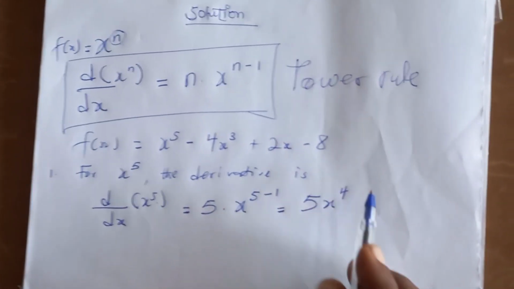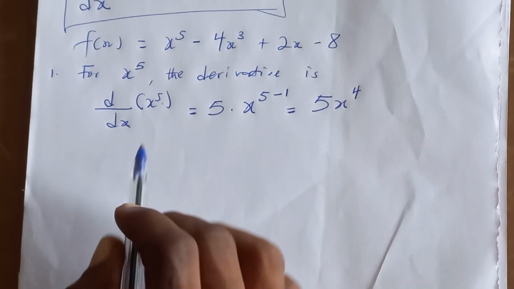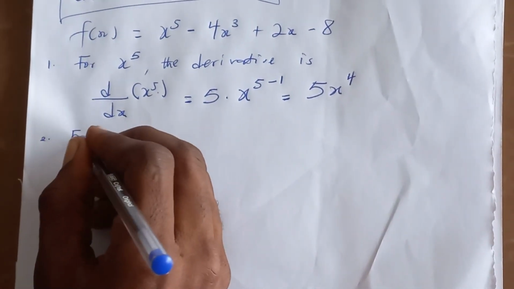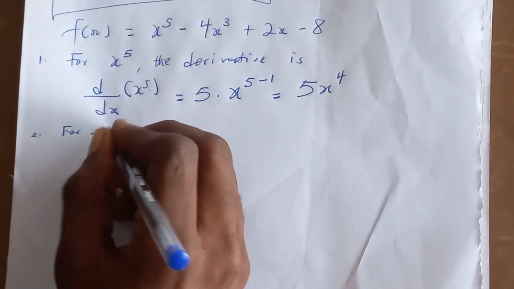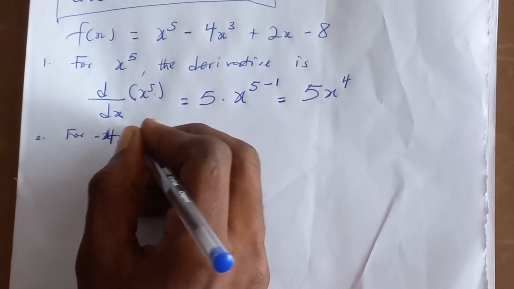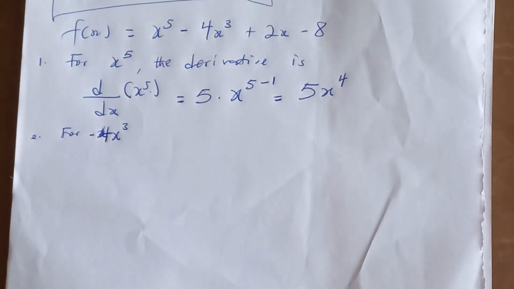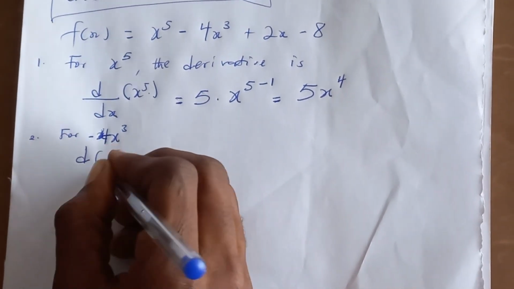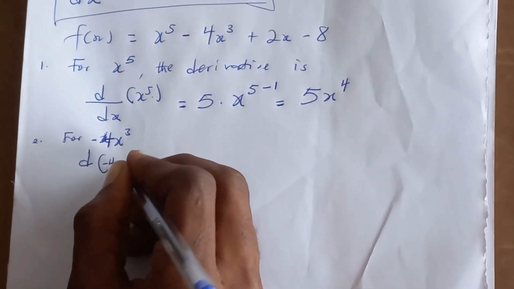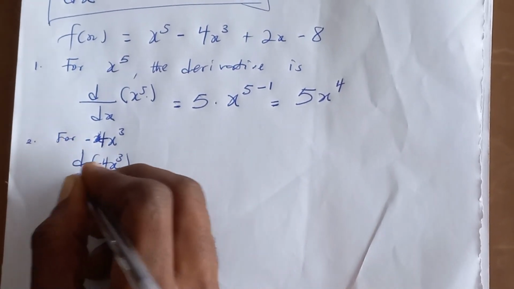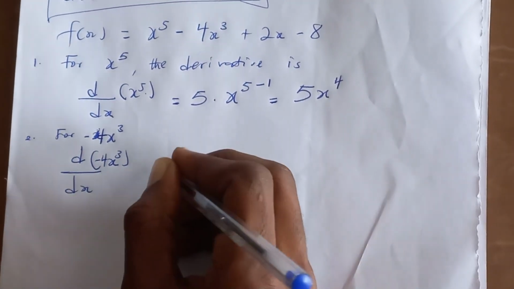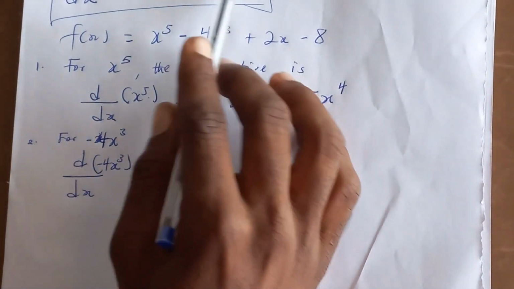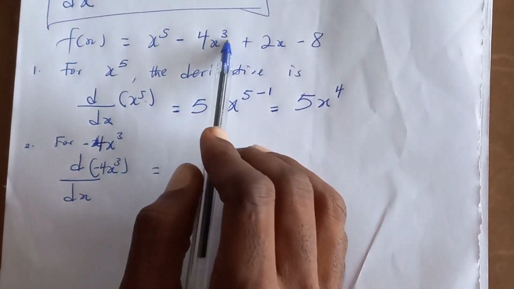Good. Let's do the second term, negative 4x power 3. The derivative of negative 4x power 3 with respect to x is going to be, now our power n is 3.